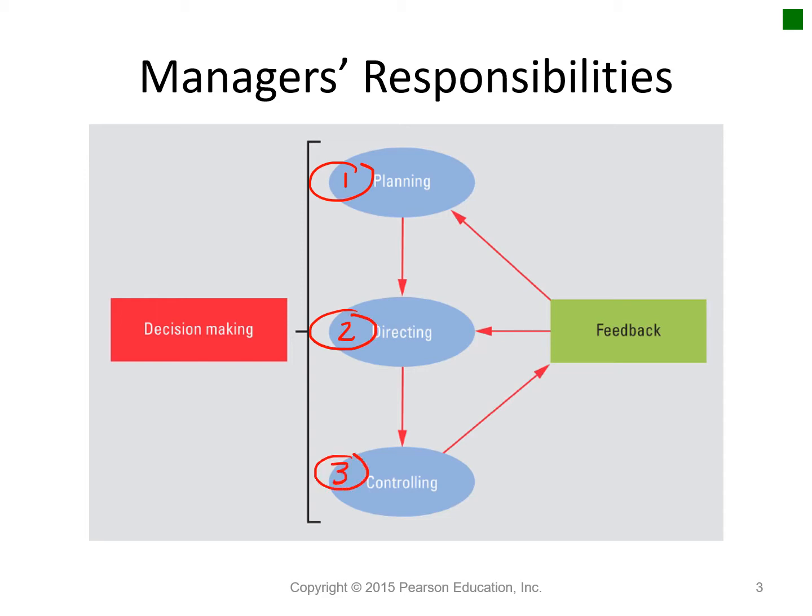Hopefully, once you get all these put together, everything here is going to lead to the decision-making process, which we're going to talk about how to do in each of the chapters. So again, the three responsibilities are planning, directing, and controlling.